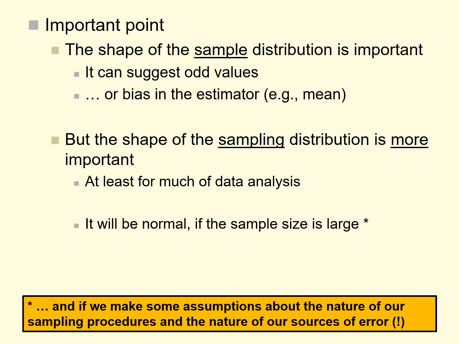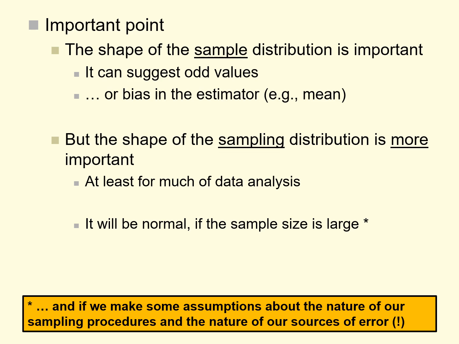But as important as the sample distribution is, the sampling distribution is in many ways more important. At least it's more important for a lot of the data analysis that we'll do. And that's stuff I'll get to a little bit in this lecture and much more so in the coming lectures. So it's important that our sampling distribution have a regular, normal, in most cases, shape.